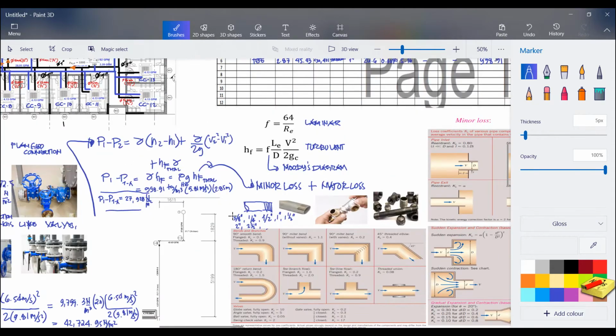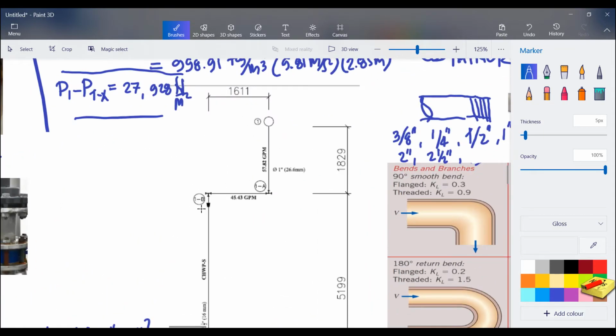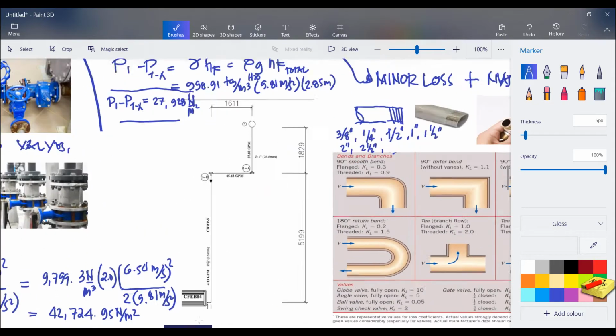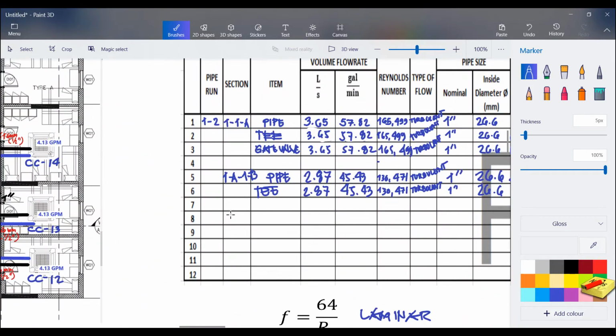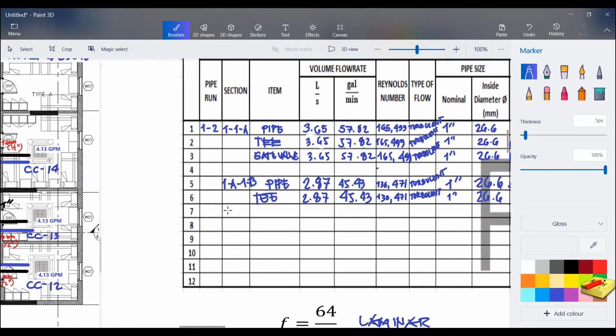Let's go to 1-B to 2. So section 1-B to 2. So we have pipe again.